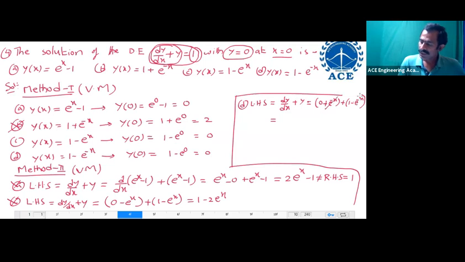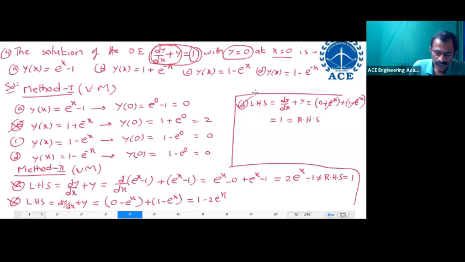So these two get cancelled. This is equal to 1. This is same as the RHS. So LHS is equal to RHS. The option D, satisfied with the differential equation. Therefore, D is the correct answer.